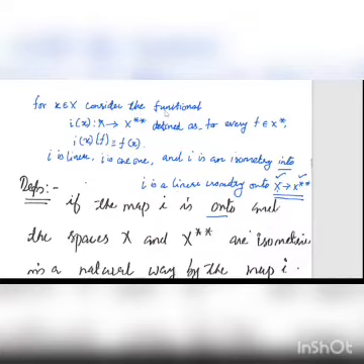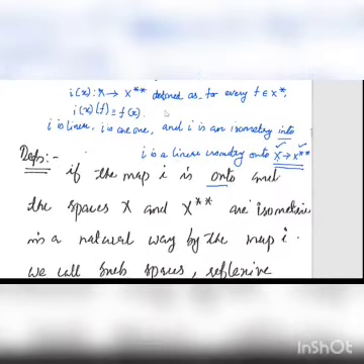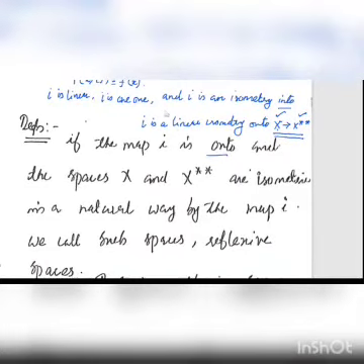Now if this I is linear, 1-1 and an isometry onto, we will say that the spaces X and X double star are isometric, and the spaces X and X double star are called reflexive spaces. Definition of reflexive spaces.